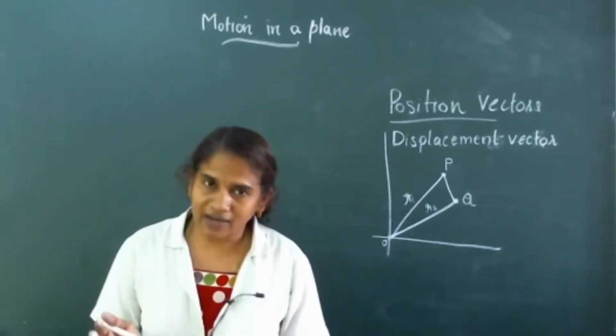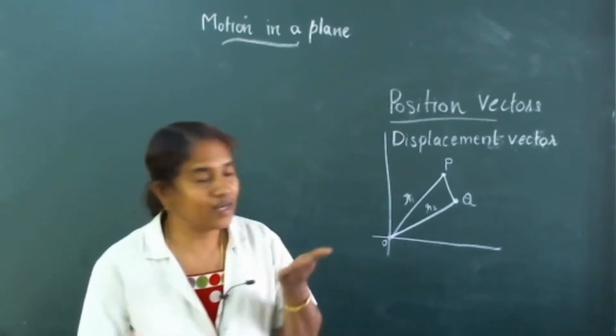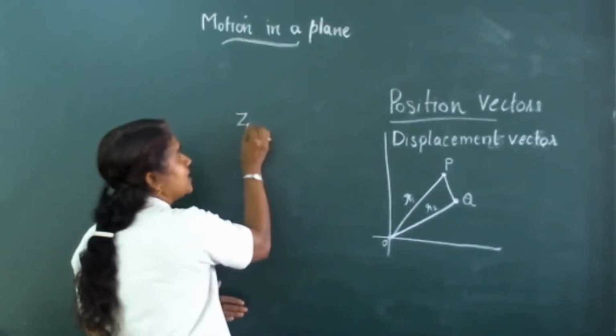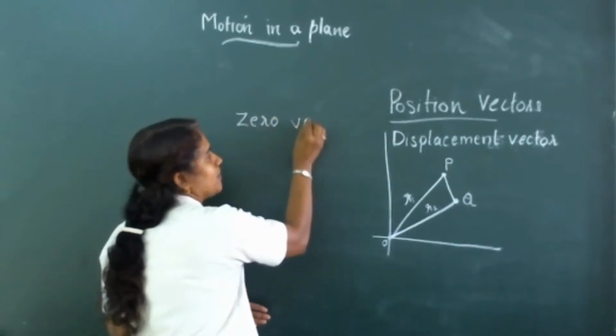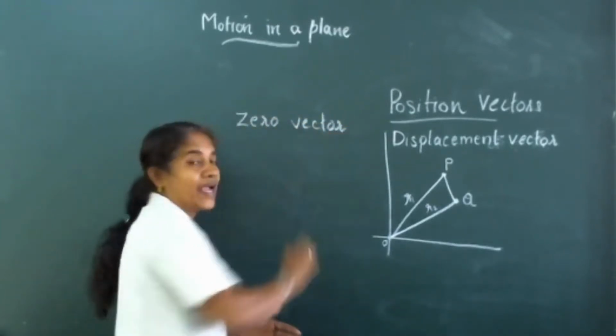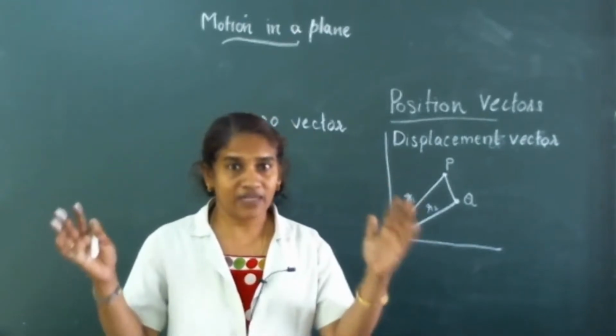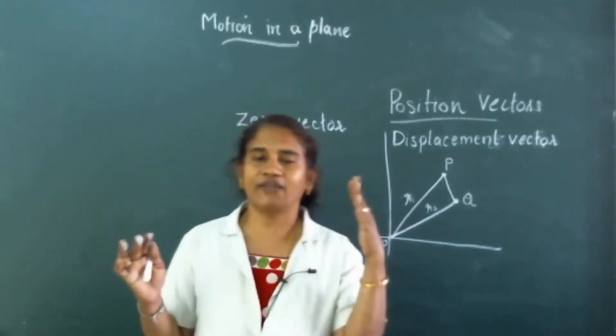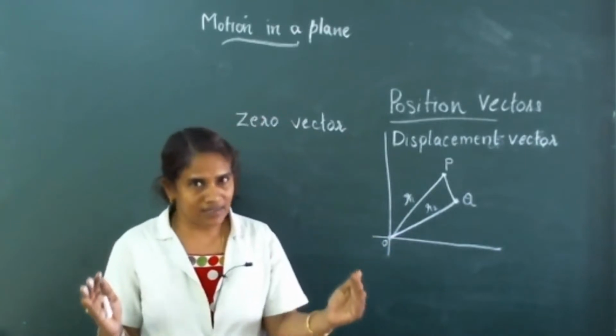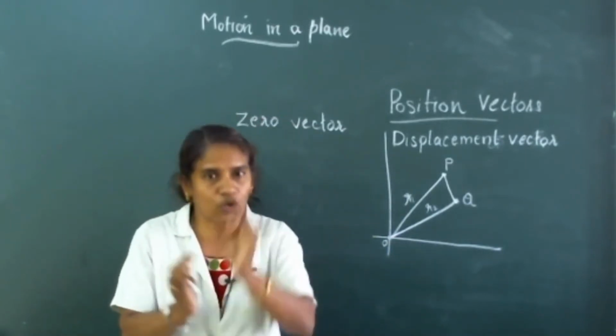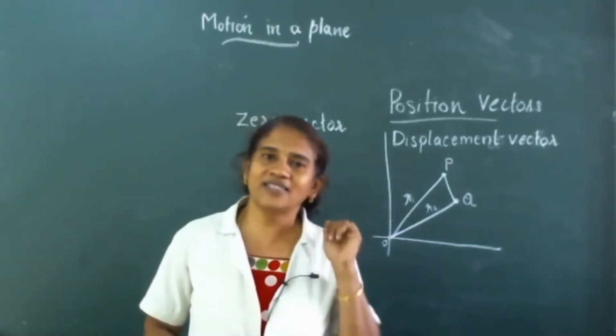So, vector but magnitude is 0, then such vectors can be called as zero vector. A vector whose magnitude is 0 and having a direction. When subtracting two vectors, that case it is significant.